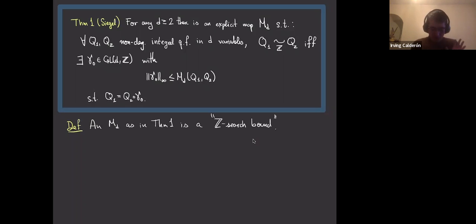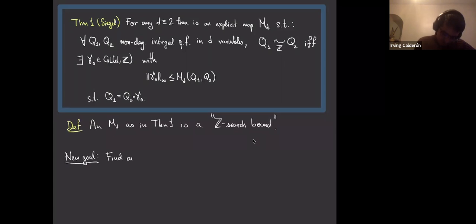Okay, so if we really want to use the result to answer the C equivalence problem, we need two things. First, we need to give explicitly the search bound. So find explicit MD.